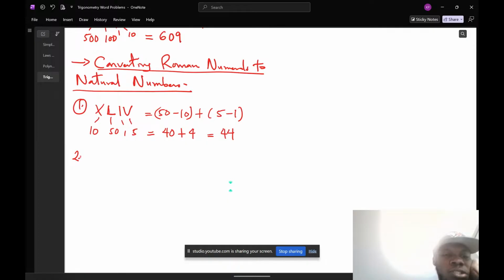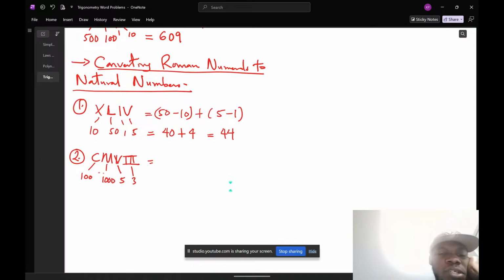Number 2 is CMVII. Sorry, I'm just pulling out the Roman numerals off the top of my head. So we know that C is 100, M is 1000, V is 5, I is 1 each.